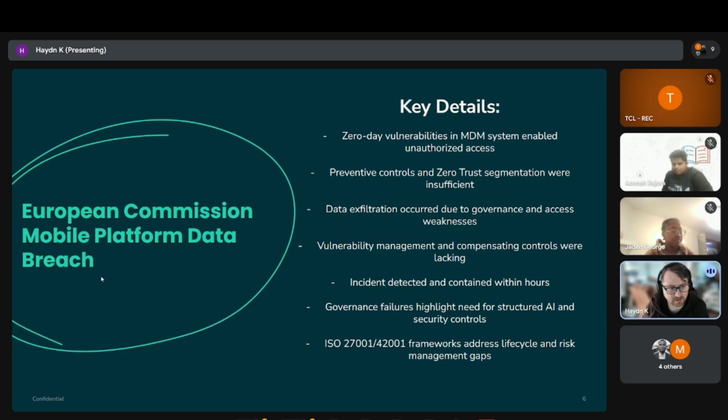So the next up is the European Commission mobile platform data breach. Some of the key details is that zero-day vulnerabilities in mobile device management systems enabled unauthorized access.